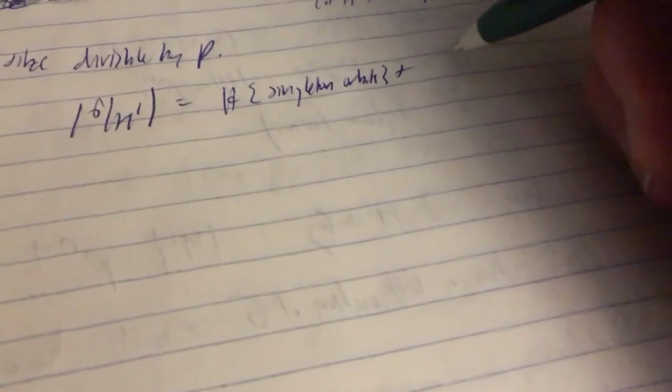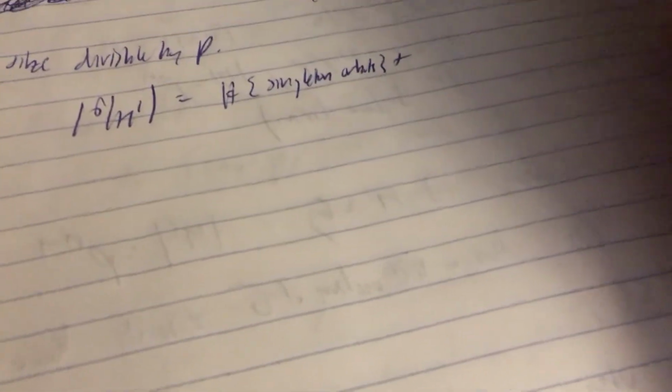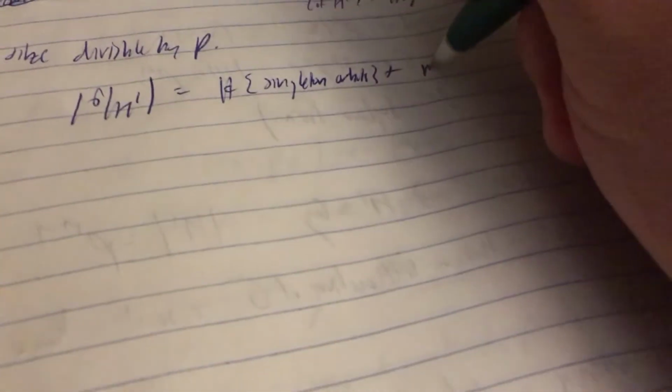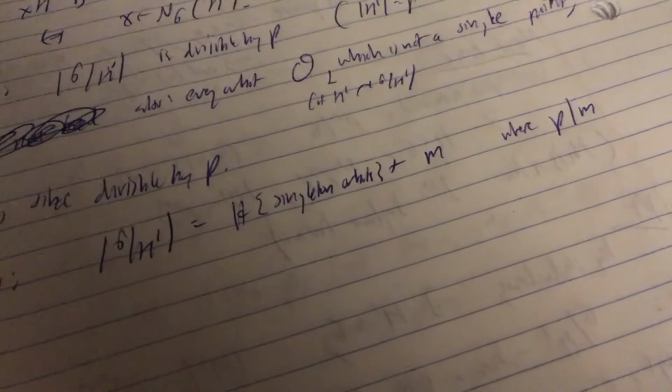And so what you conclude is that the size of G mod H prime is equal to the number of singleton orbits plus something divisible by p. So, the sum of the sizes of all the orbits which are not singletons, and we've just shown they're all divisible by p. So let's call it plus m, where p must divide m.